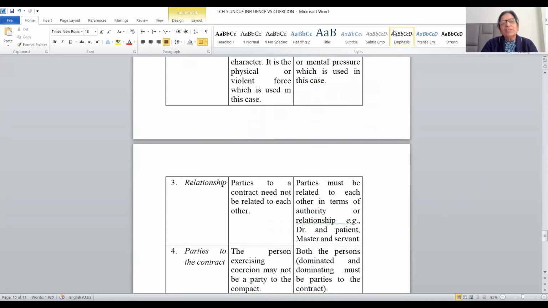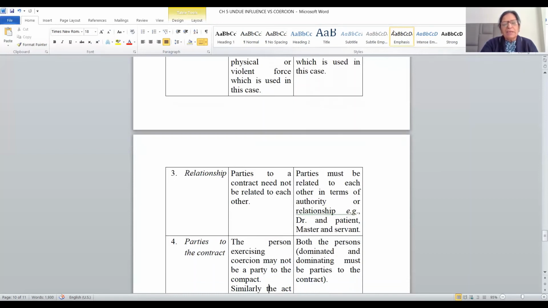In case of coercion, no relationship is required. Parties need not be related, but relationship is a must in case of undue influence. I have talked about various relationships during the course of my lecture class. Relationship between doctor and patient, guru and chela, mother and daughter, father and son. So there is some relationship.